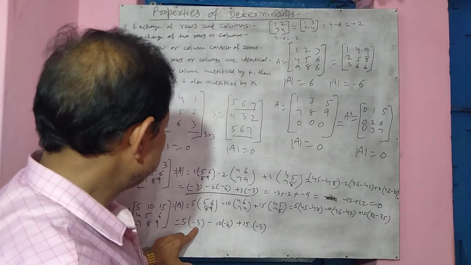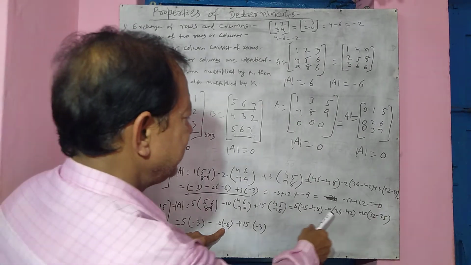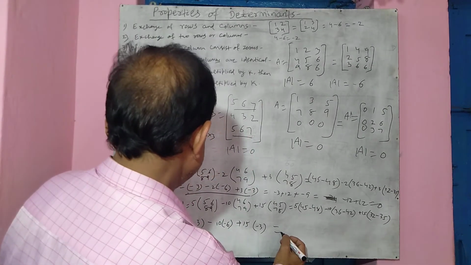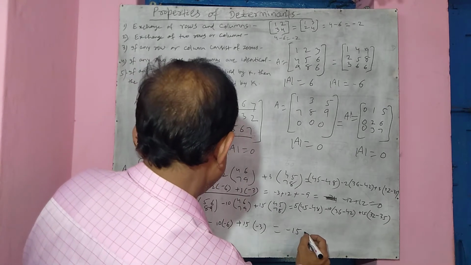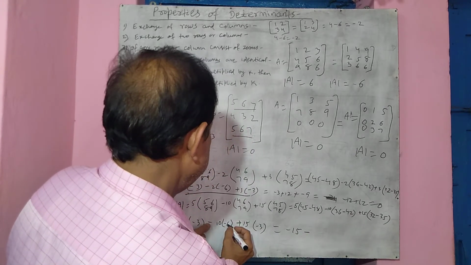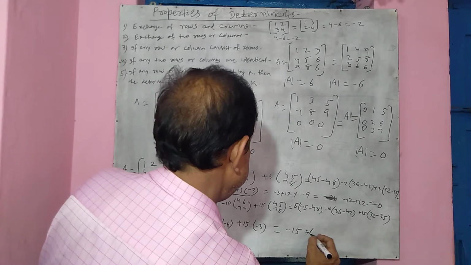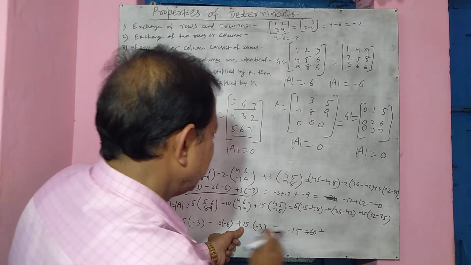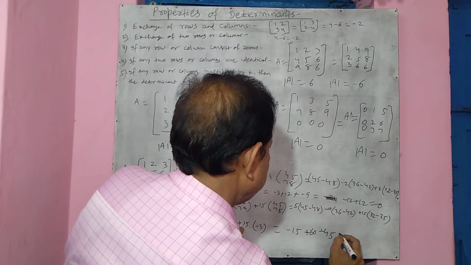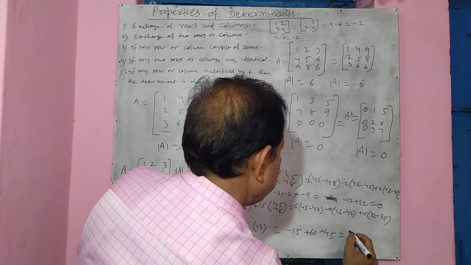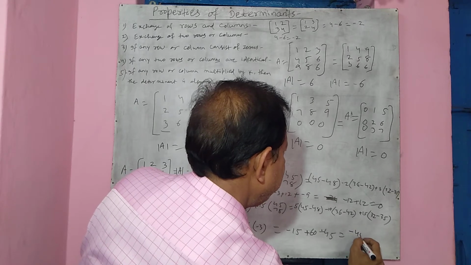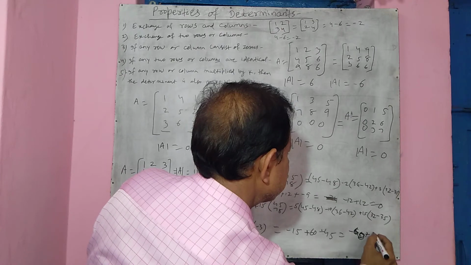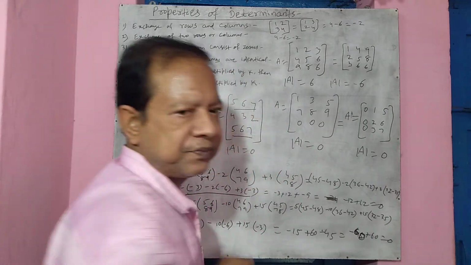So 5 into minus 3 comes to minus 15, minus 10 into minus 6 is plus 60, then plus 15 into minus 3, that is minus 45, which is equal to minus 45 minus 60 plus 60, which is equal to 0.